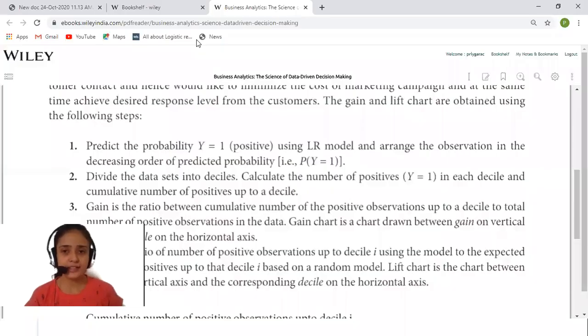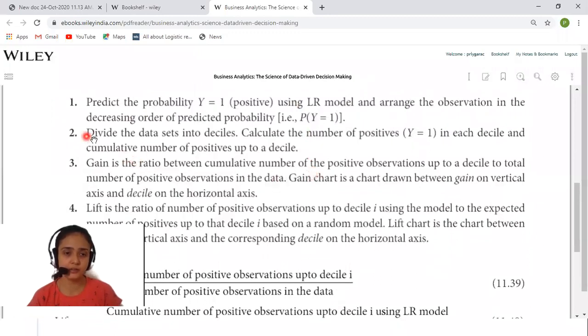You can also write the gain and lift chart steps like this. That is, predict the probability of y equals 1, it means the positive y, using the logistic regression model, and arrange the observations in decreasing order of the predicted probability. That is, first of all, we want the probability of y equals 1, and then the lower probability, like that we arrange it in decreasing order.